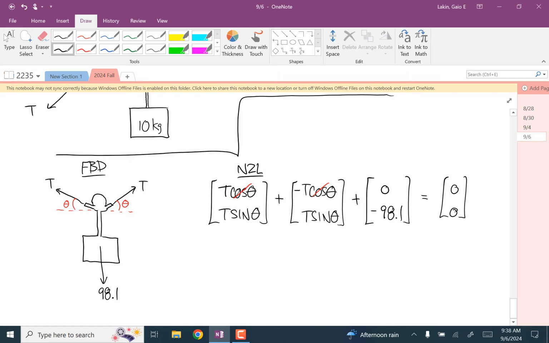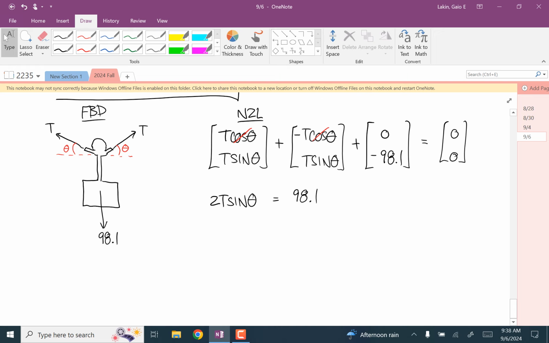But the y equation says 2T sine theta is equal to 98.1. And so T is equal to 98.1 over 2 sine theta, or 49.05 divided by sine theta.